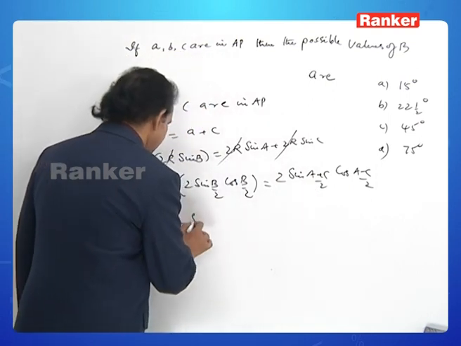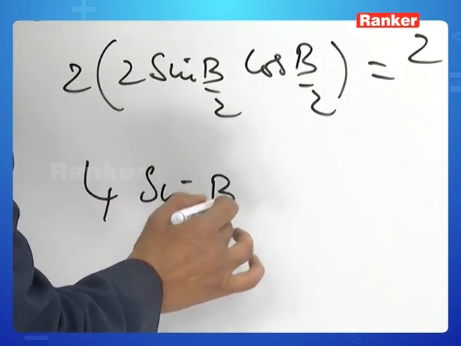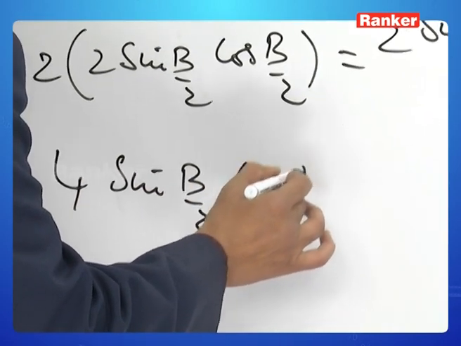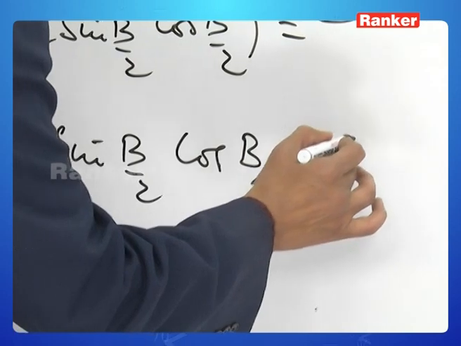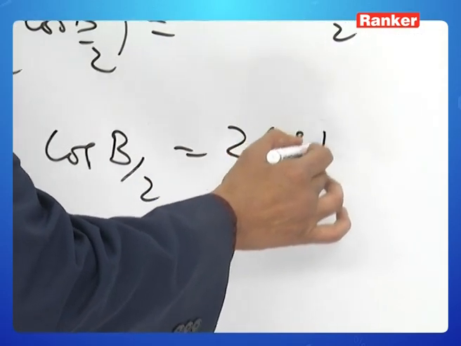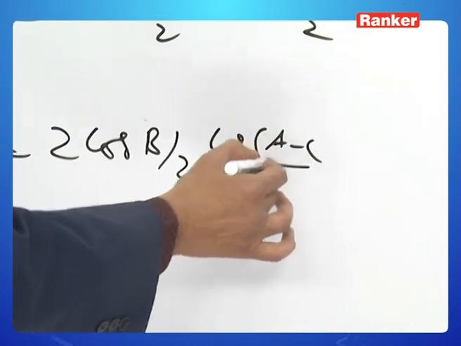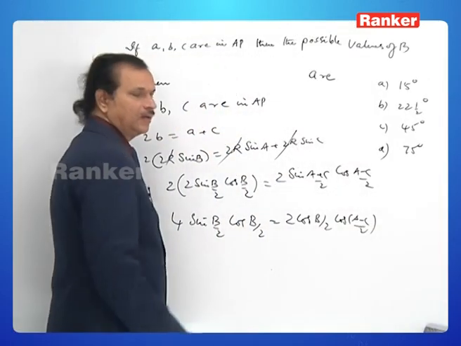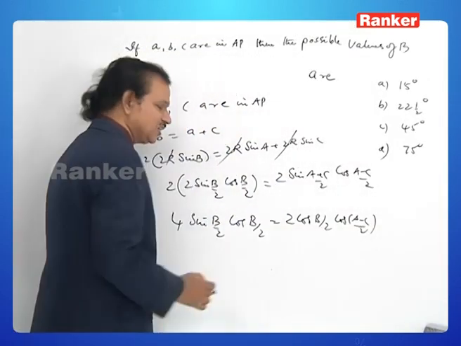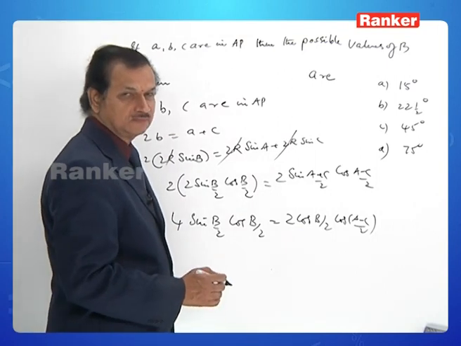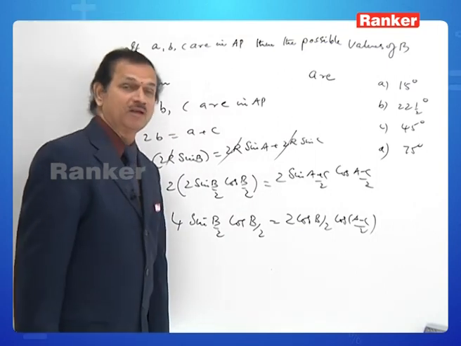Implies 4 sin B by 2 cos B by 2 is equal to 2 cos B by 2 cos A minus C by 2. You can ignore cos B by 2 on both the sides because B by 2 cannot be 90.